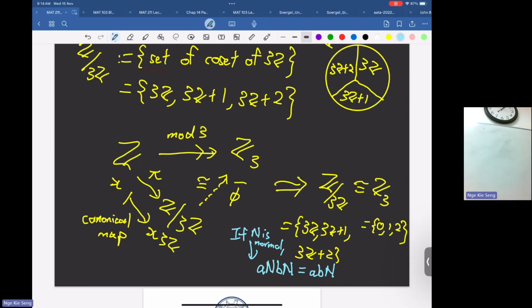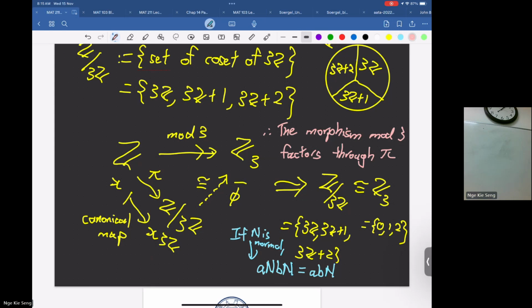And then another thing is we will say that the morphism mod 3 factors through the canonical map pi. We'll say that this morphism mod 3 here factors through pi, because this diagram commutes. If I go horizontally, it's the same as going around this triangle.